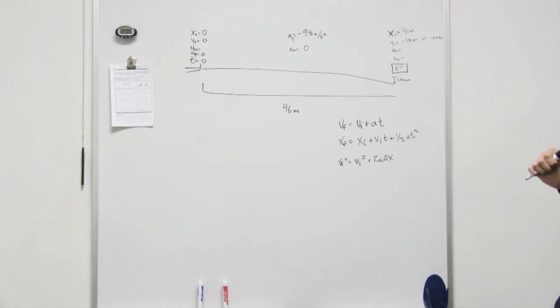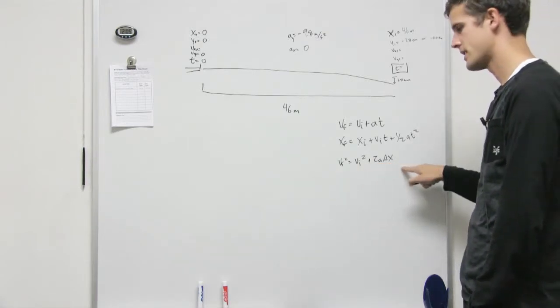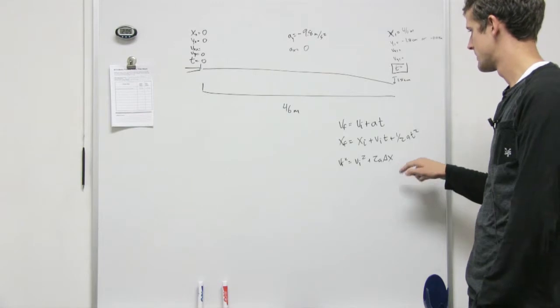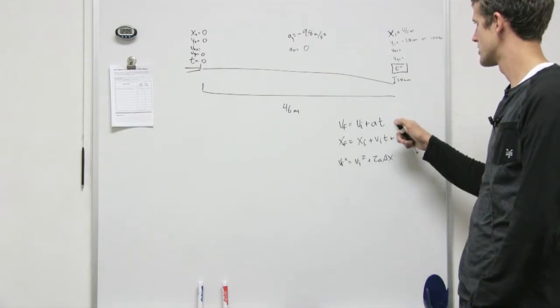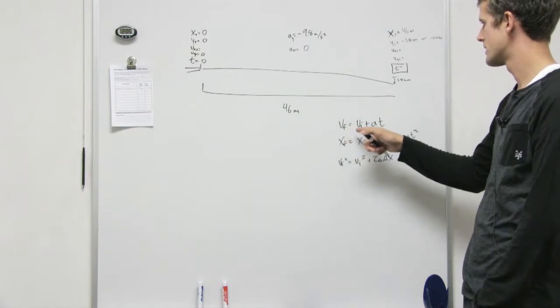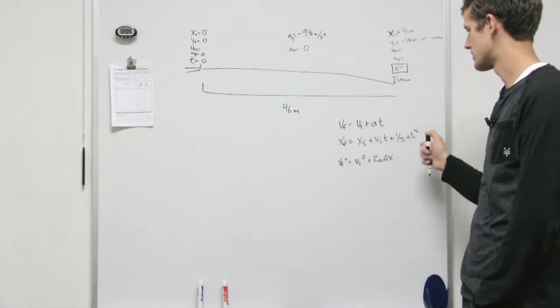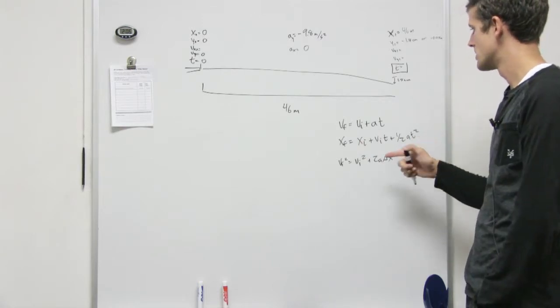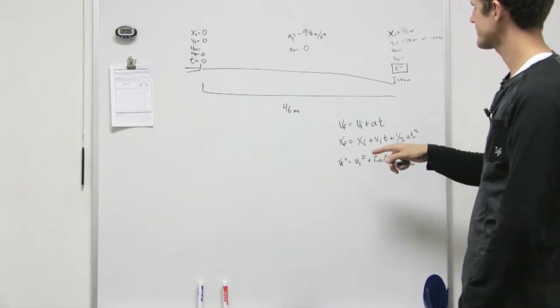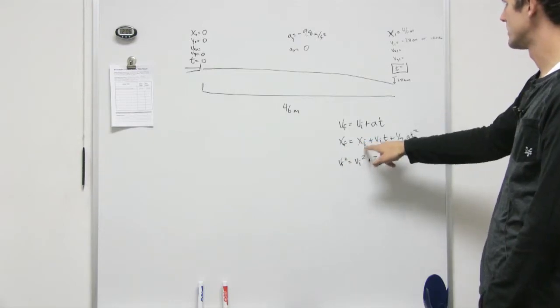Let's see, the bottom one? Does this have time in it? No, I'm sorry, the top one. So we need a final velocity in X or Y. Do we have either of those? No, so let's go with the middle one. You have an X final and a Y final, right?